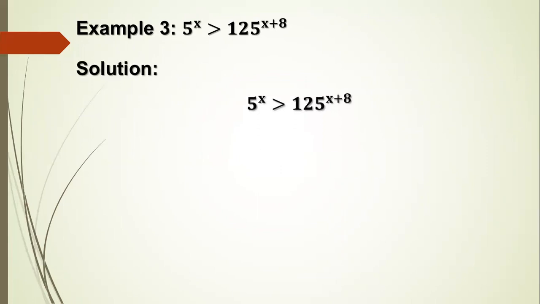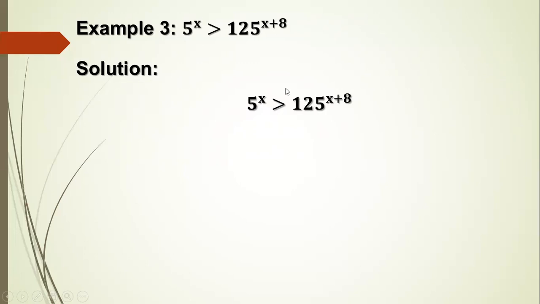Actually, when solving exponential inequalities, the process is the same as what we adapt in solving exponential equations. So that means both sides need to be expressed in the same base. By looking at the inequality, we have 5 as the base on the left and 125 as the base on the right.